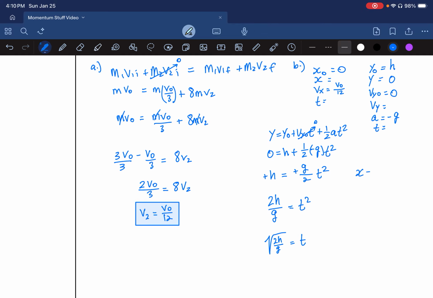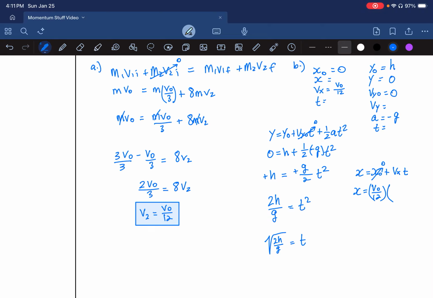We want to figure out the horizontal distance from the base of the table. So x, make that 0. Vx, which is just v2, excuse me, is v naught over 12.